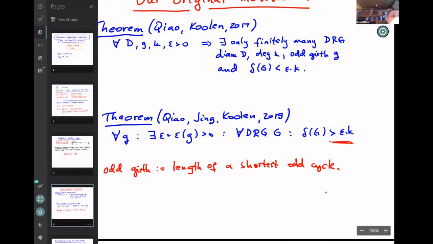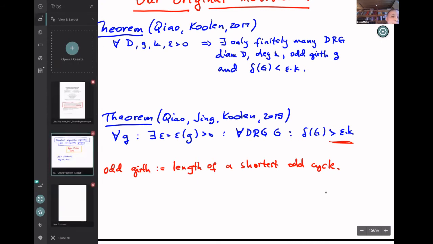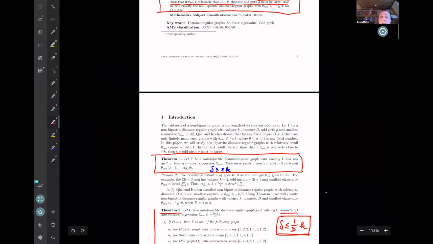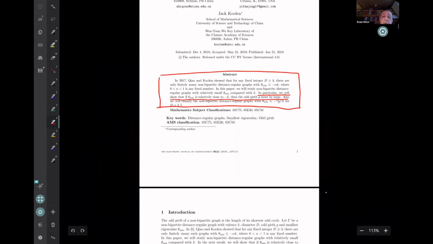Let me just show you the paper where this appeared. This is the paper by Qiao, Koolen, and others, and they proved two theorems.